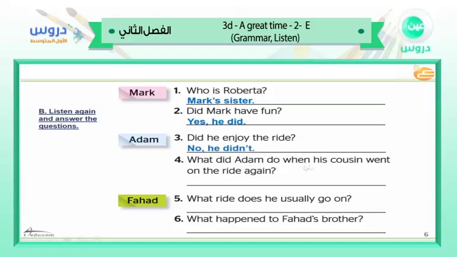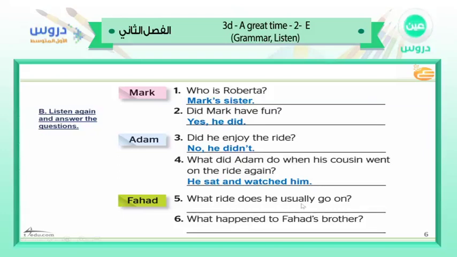What did Adam do when his cousin went on the ride again? He sat and watched him. Exactly. Let's go to Fahad. Number 5.